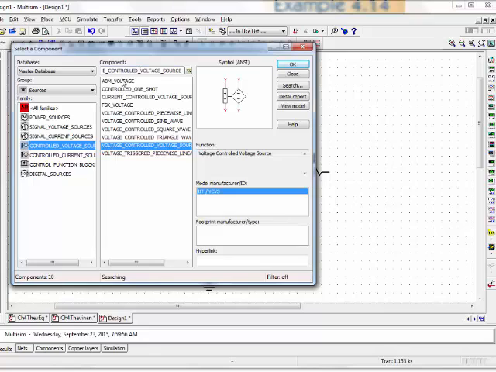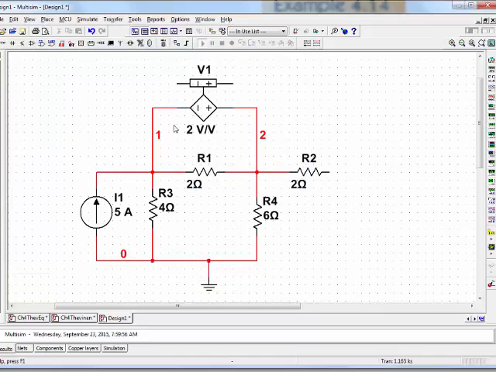These are used for simulations actually, but there's a voltage controlled voltage source right here, and this is the one that you want. So if I would then place it on my schematic, it looks like this. The way you use it is, this is the dependent source, but you have to tie this to the voltage that you are depending on, and mind your polarities here as well.